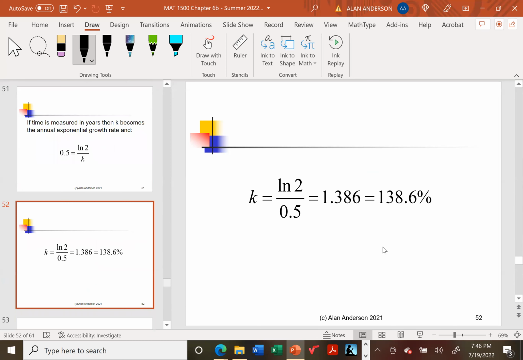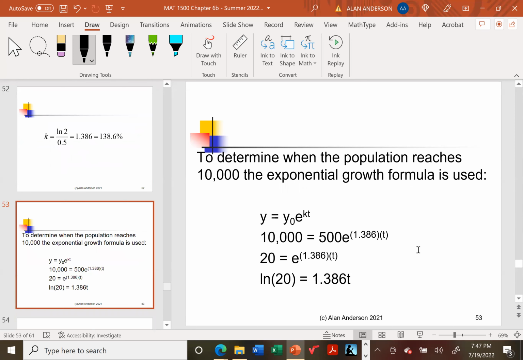So that implies, now that's a very big growth rate. I mean, the population is growing at 138.6% per year. So that was a big one. But with that growth rate in your hands, you can now figure out when the population will reach 10,000. And we did one just like this earlier. This is our initial value. This is the so-called terminal value.